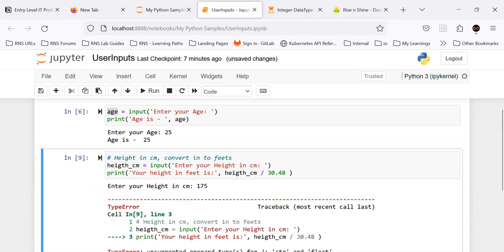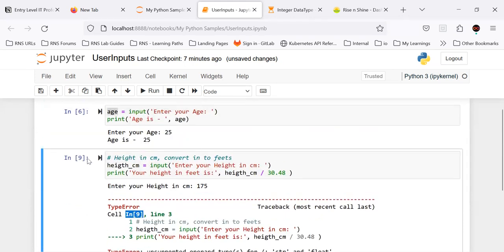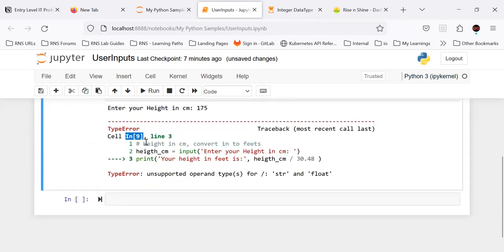But what happened? Can you understand this error? Cell number 9, line number 3. It is having some issue. So what is that issue?